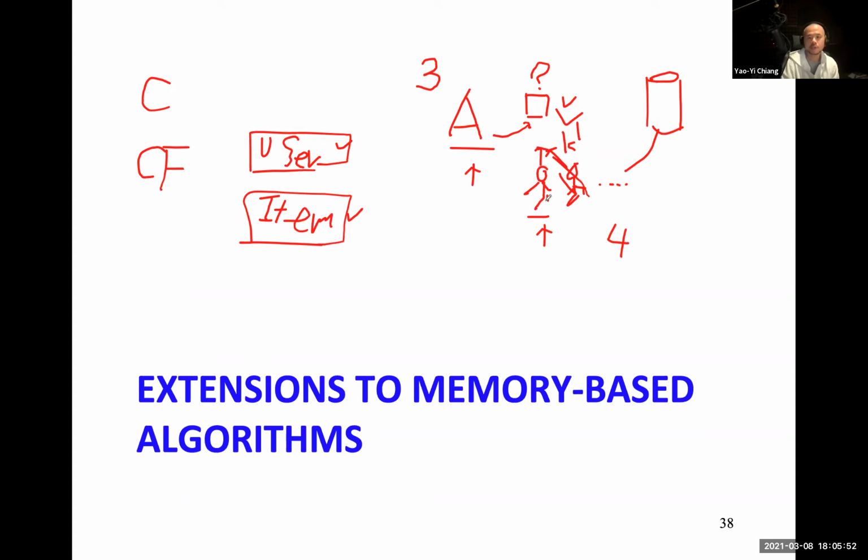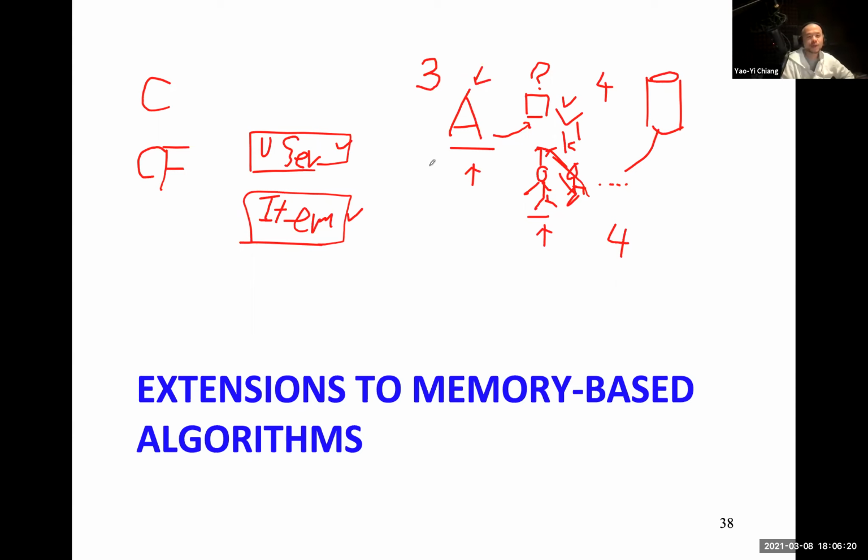And this most similar user rated this item 4. How would you predict the rating for the active user? Anybody? Anybody still with me?